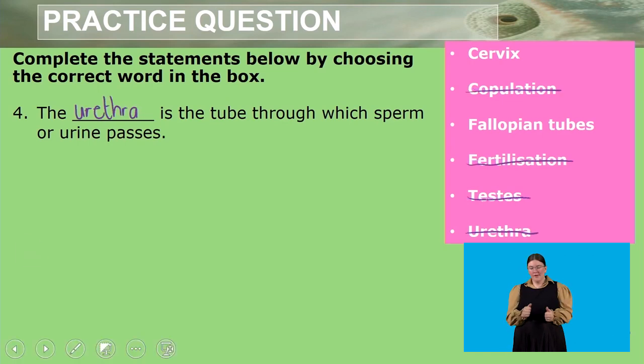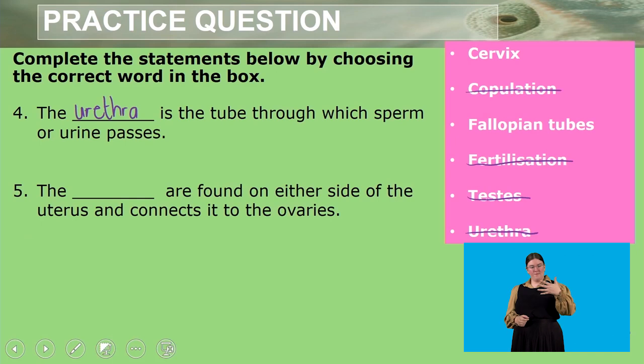Moving on to the next question. Number 5, the something are found on either side of the uterus and connects it to the ovaries. So we have cervix and fallopian tubes.